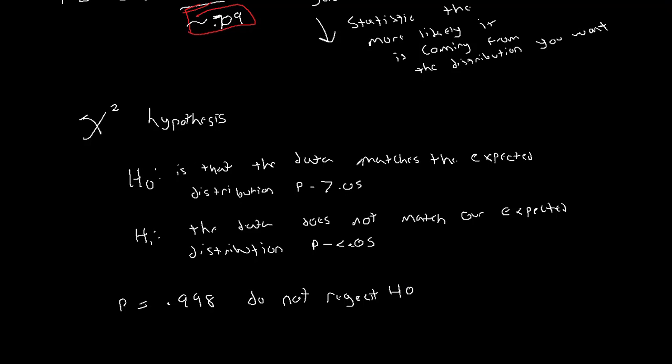We do not reject that the data matches the expected distribution, which basically is a way of saying we think the data may match the expected distribution, which is to say that we think the data is normally distributed or uniformly distributed.